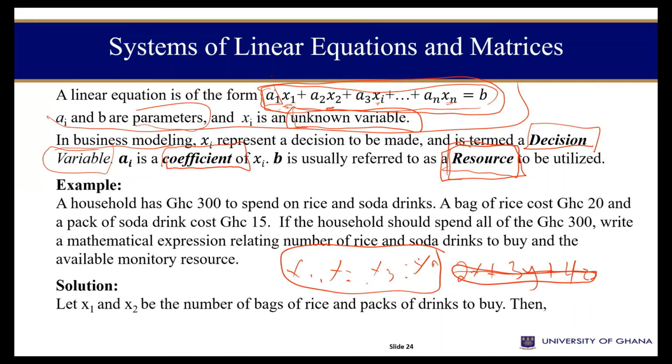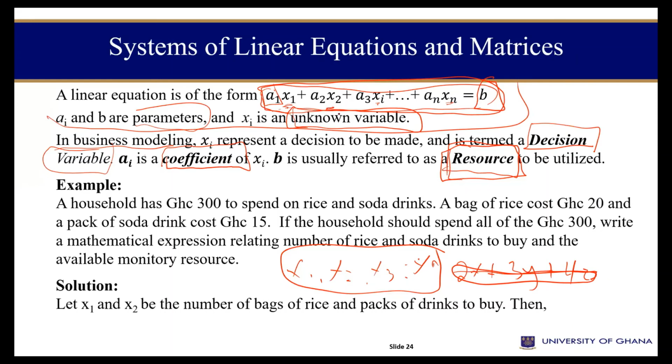Then based on what we have available, B, in this equation, is referred to as what? Resources. Because you have to use resources to allocate or share among the decisions that you have to make. Resources can be money, it can be time, it can be labor, it can be raw materials. These are the resources that you have to use.